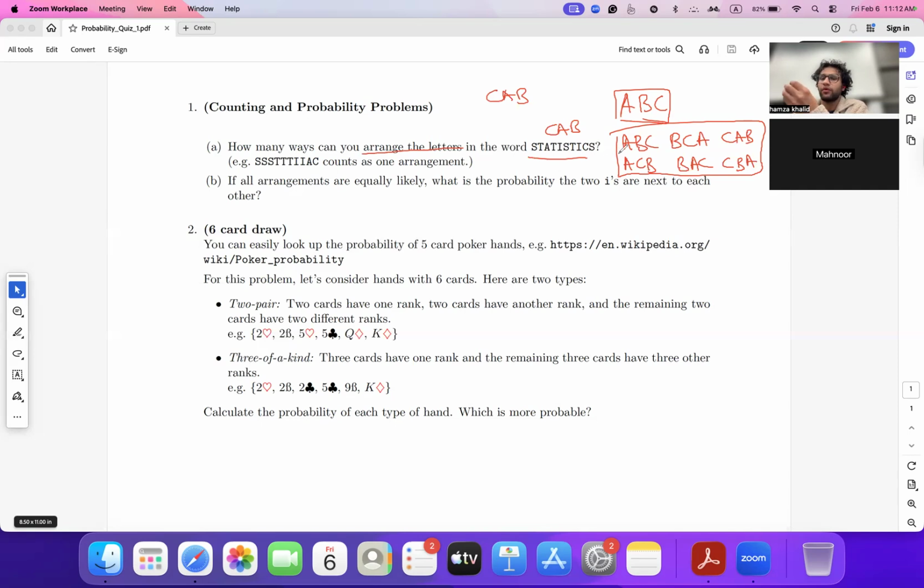So I'm going to do a particular example here, and then you can easily solve this one as well. Let's say instead of C, I had a B, which is basically identical to this one. So what is now the number of possible arrangements that I can make?